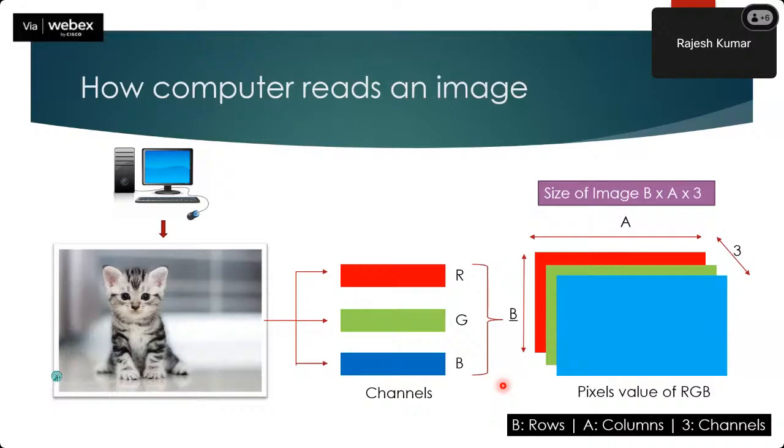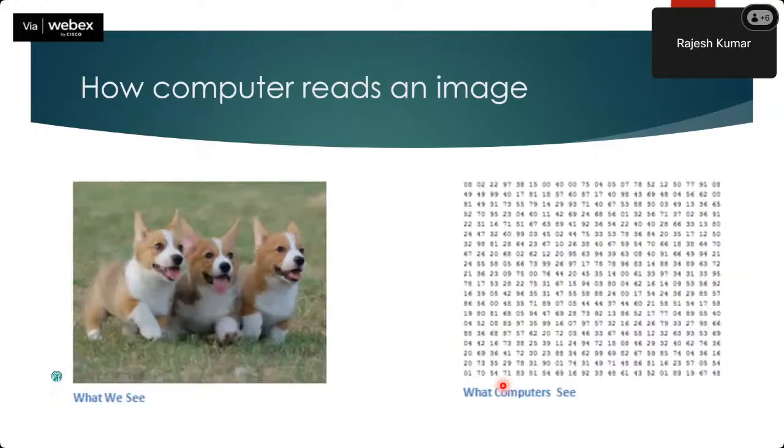So the size of the image is the breadth of the image and the length of the image, and then there are pixel values. So when you pass an image, it is taken into three channels, and each channel will be read like this. There are some values, some numbers there. This is what the computer takes, and this is one channel, and likewise we have three channels, which when we combine form like this.